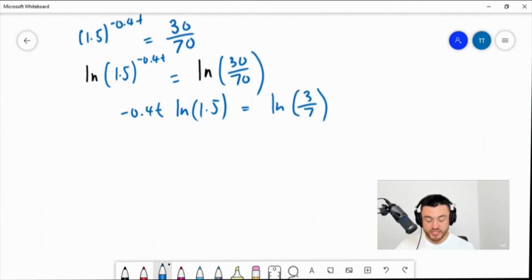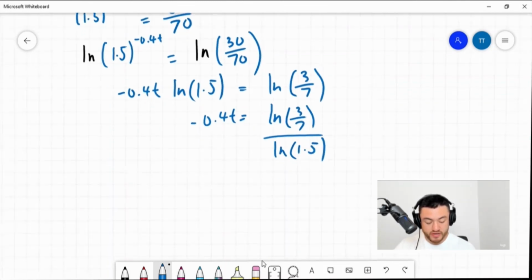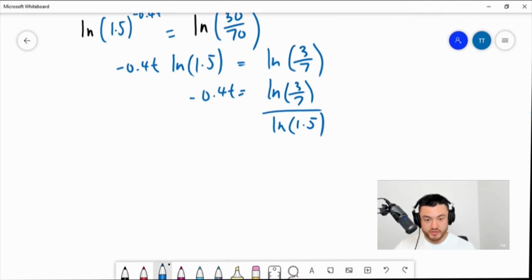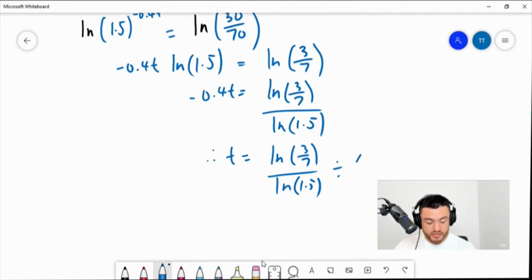Okay, so now I think it should be fairly straightforward here. We're going to move the other term, so we're just going to get t by itself. So negative 0.4t is going to be ln 3/7 divided by ln 1.5. And then the last step here is we're going to divide by negative 0.4. So therefore, t will be ln 3 over 7 over ln 1.5, and I'll just write it like this, divided by negative 0.4.